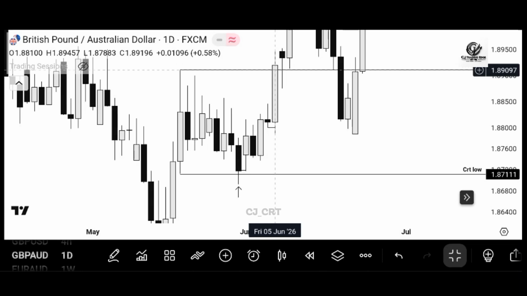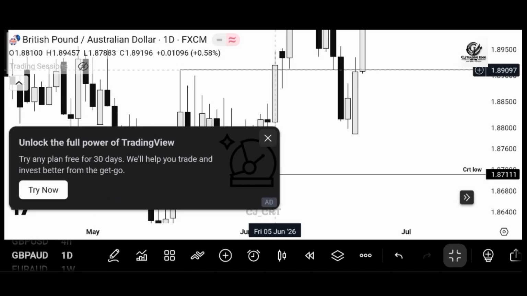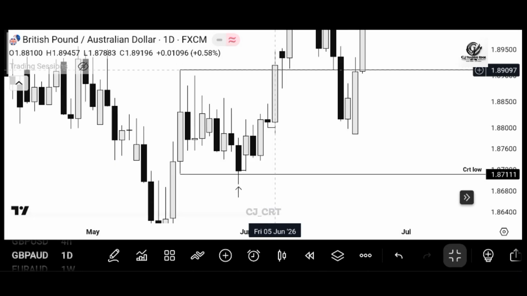So in summary, when you're in a ranging market, just wait for one of the sides to get hit, and then you take it to the other end.